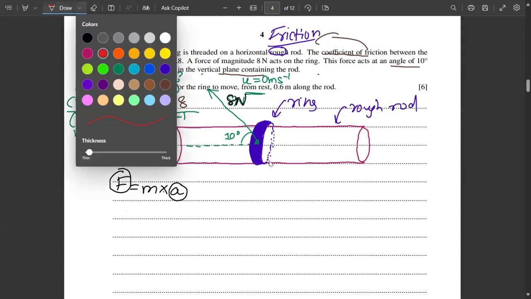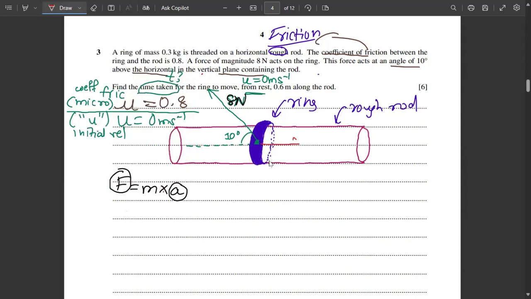There will be one more force, the resistance force, which I'll write as Fr. So now let's start. Oh, 0.6 meter along the rod. So one more detail is distance is 0.6 meter.